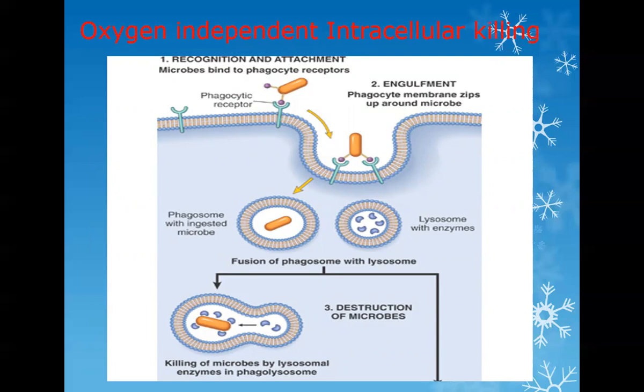We already have lysosomal enzymes in the neutrophil. They form a phagolysosome. They merge together and release their enzymes towards the bacteria, and the bacteria is killed. This is oxygen independent killing of the bacteria, right?